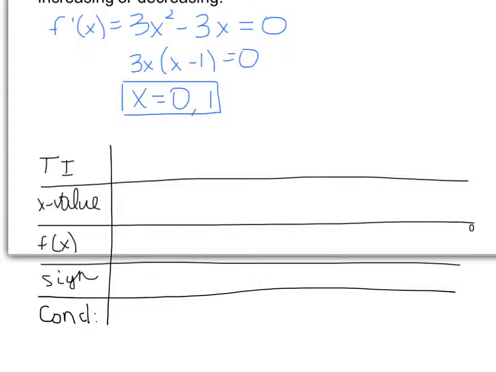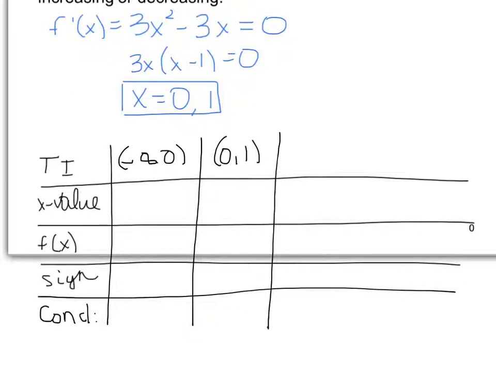So based on my critical numbers here of 0 and 1, I'm going to set these up in increasing order. So 0 is going to come first. And I'm going to look at everything from negative infinity to 0. Then I'm going to look at the interval from 0 to 1. And then at the interval from 1 to positive infinity.